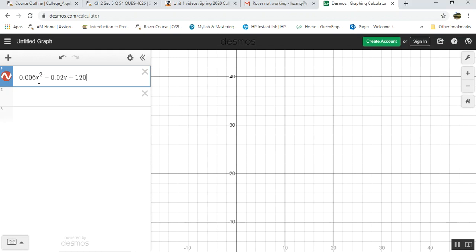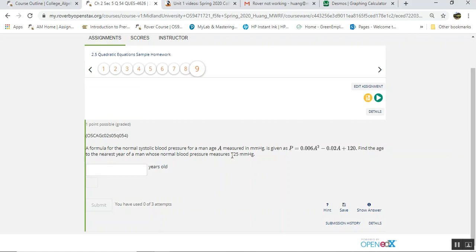You cannot use a squared, you have to use x squared in Desmos. Minus 0.02x plus 120. So now, one way to do that is you can type in y equals 125. I believe that's 125, yes.